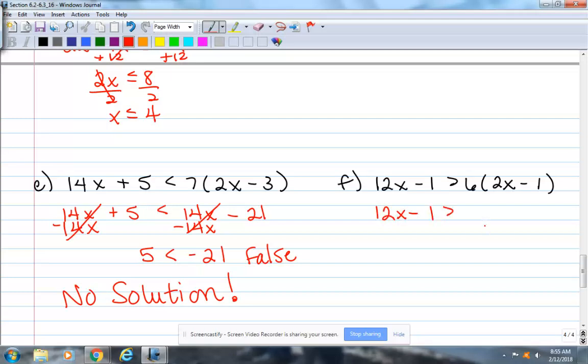What's 6 times 2x? 12x. What's 6 times negative 1? Negative 6. And we have the same thing with x's, so we know they're going to cancel out. Cancel, cancel. Now, if these are opposite signs, though, and I was having to add 12 to both sides, they wouldn't. So I like to go ahead and show that they cancel out because sometimes you think they're going to cancel out and they don't.